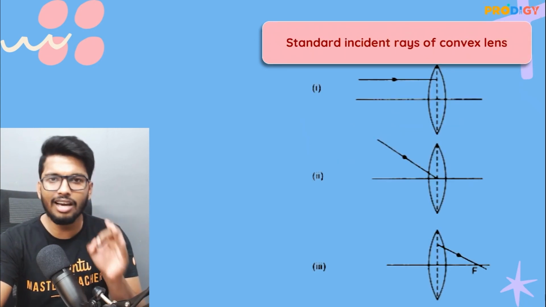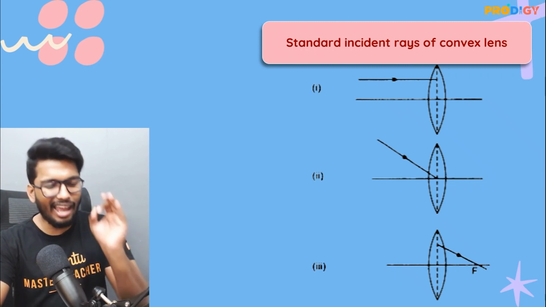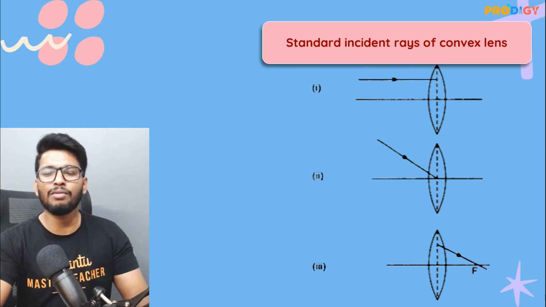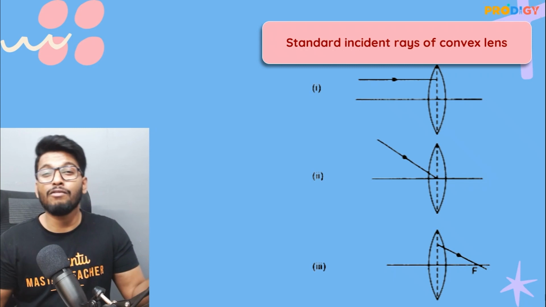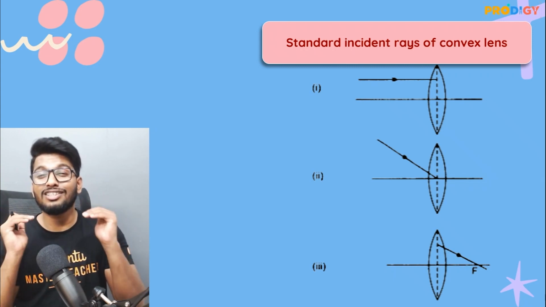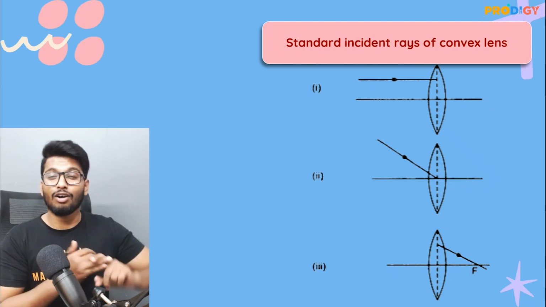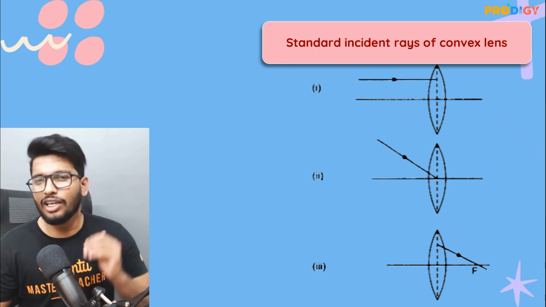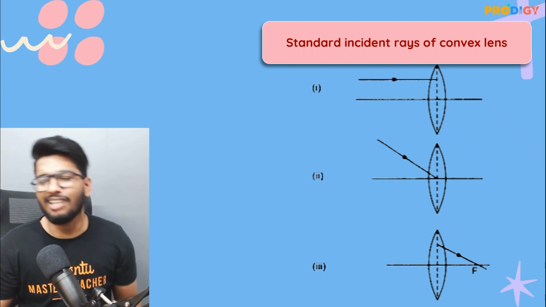These three standard incident rays are more than enough to figure out any type of ray diagram. Wherever the object is kept, you can figure out the exact position. We can find out the type of image, everything, using just these three standard incident rays. No need for a protractor, no need for a compass, just a scale, and you're good to go. So how exactly does it work, and what are the three standard incident rays?